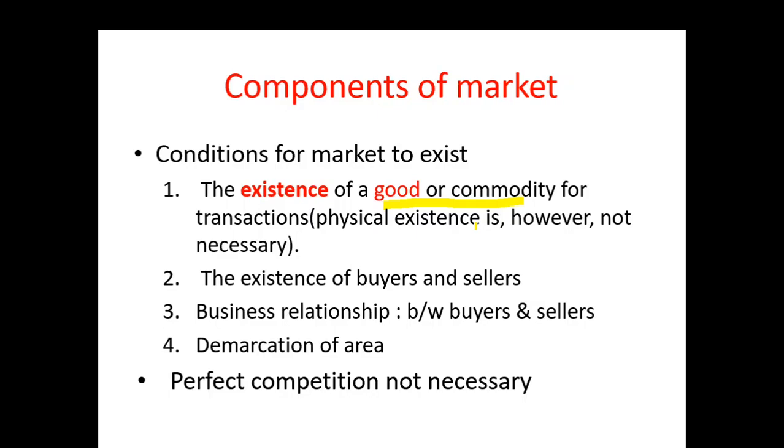Labor is not something which we can feel, but we need labor for work in the rice field or veterinary labor to treat the animals. So the commodity or good is there, but it's not a physical existence. Sometimes it may be intangible goods. So the existence of a good or commodity is needed, but not necessarily a physical one. It can be intangible goods.